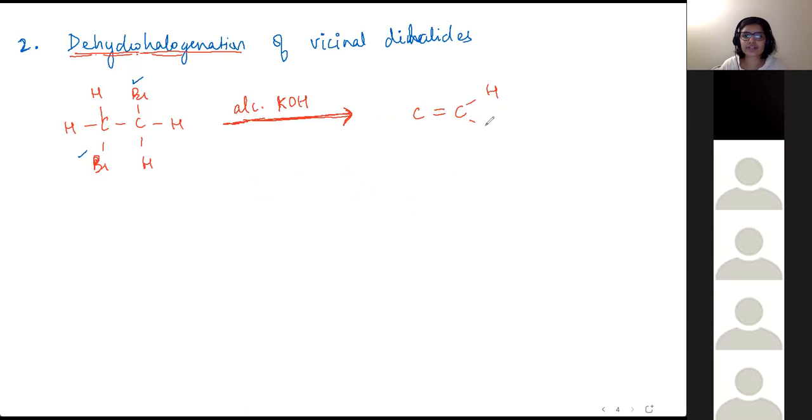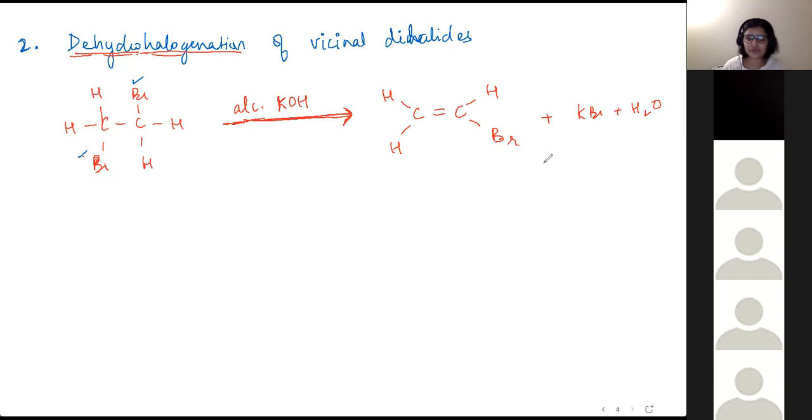So you've got H, Br, then H, then H. This Br and this hydrogen will be removed. So you get hydrogen on one side and H and Br on the other side, plus KBr plus H2O.